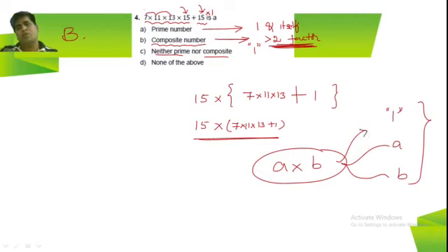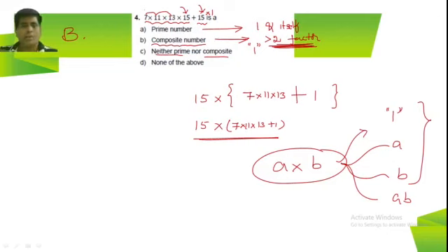We clearly get 1 as a factor; by default, 1 is a factor for every number. In A into B, A is already available, so A should be a factor. B is also there, so B should be a factor. And AB is also a factor. So we are getting more than 2 factors. So your option is B, composite number.